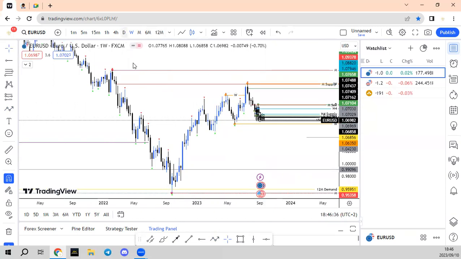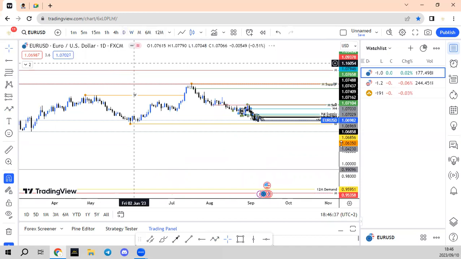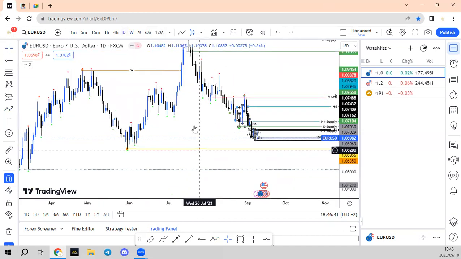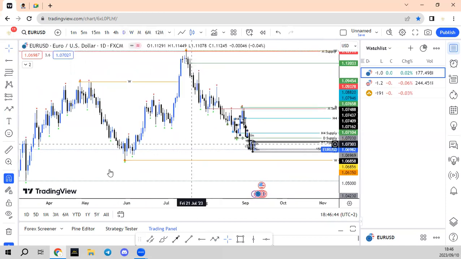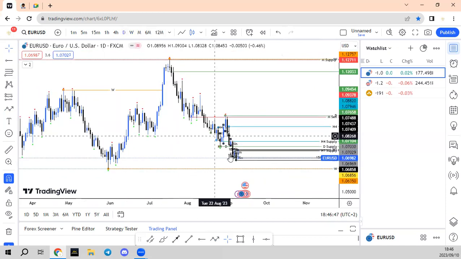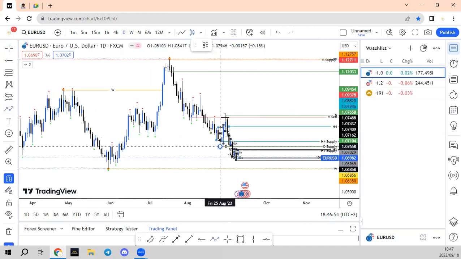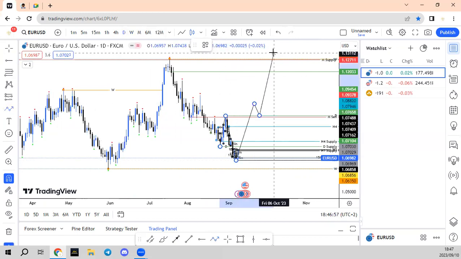So jumping into the daily time frame, we have a weekly range. The weekly range is from this low to this high. If this low is to hold, we want to see the price going up. But if it does another break of structure here, then we can start looking for buys, understand?